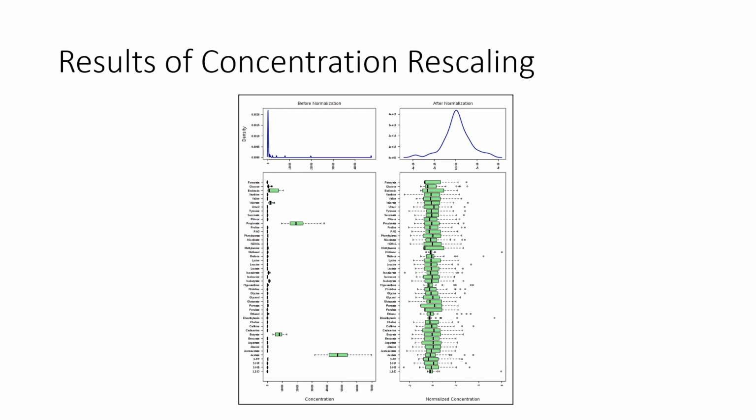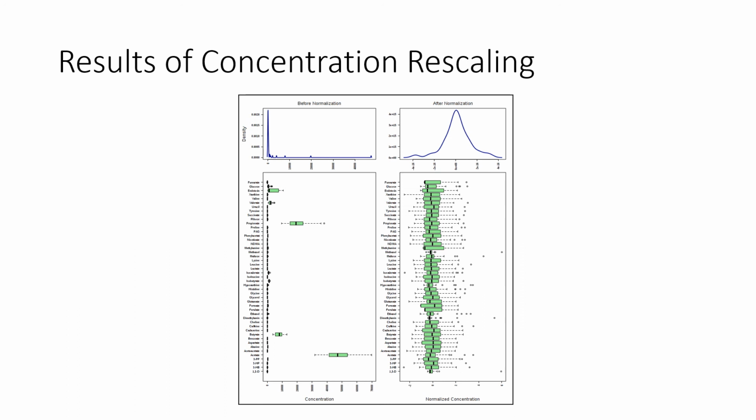This is shown in an example of a real data set where on the left we have some data measured in urine, I believe. If you look closely, you might be able to see some of the names of the metabolites. You can see that some metabolites have very high concentrations. There are about 3 or 4 that are very high on the left, and then the rest of the metabolites are all tight around a few micromolar.